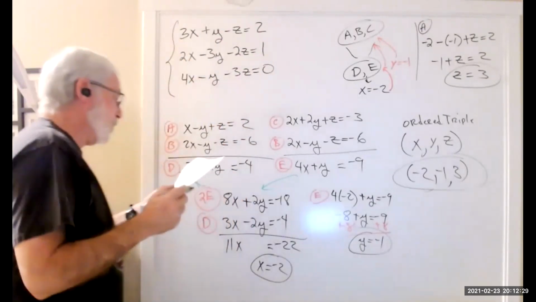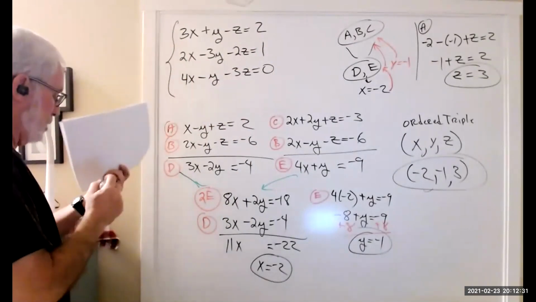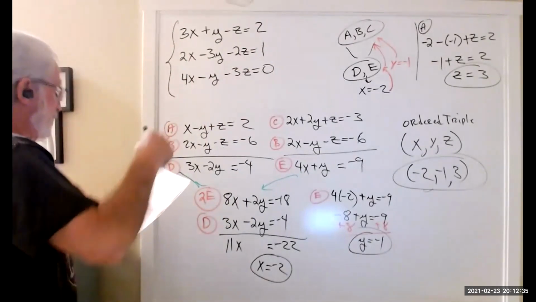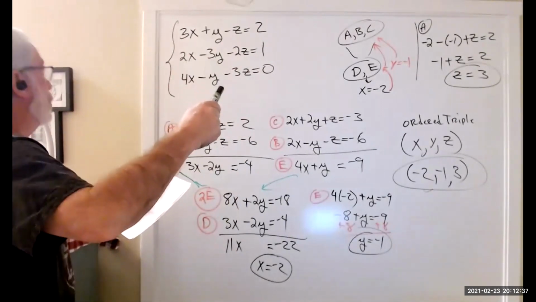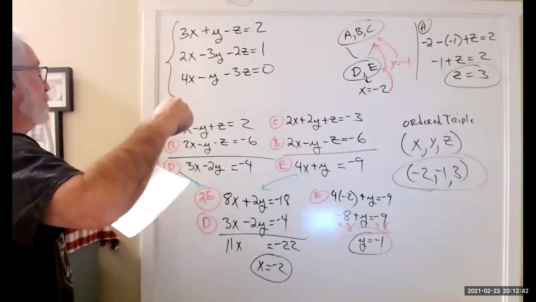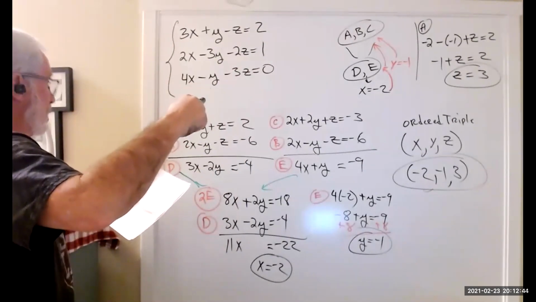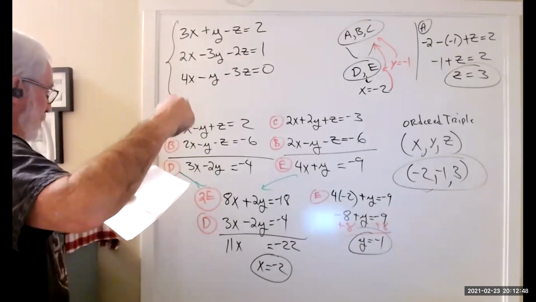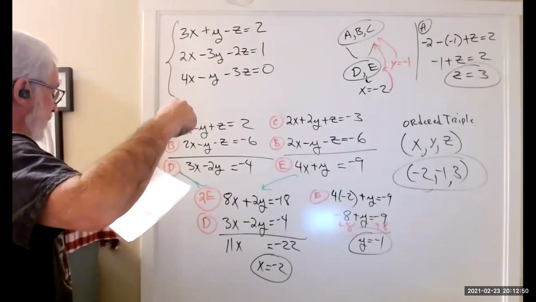Okay, let me read it back and make sure I got it right. 3x plus y minus z equals 2. 2x minus 3y minus 2z equals 1. And 4x minus y minus 3z equals 0.